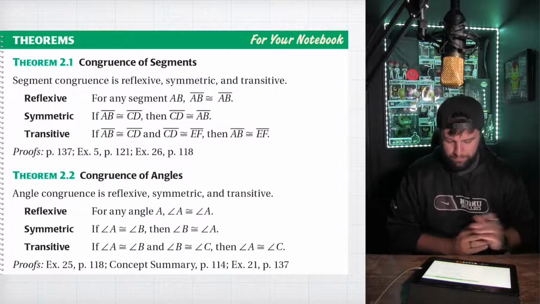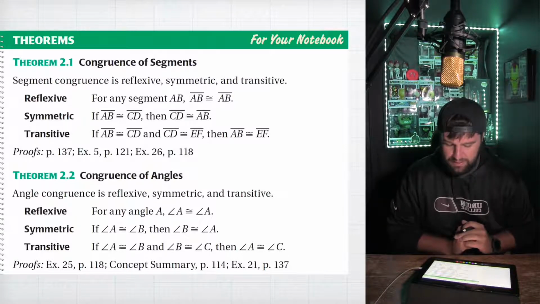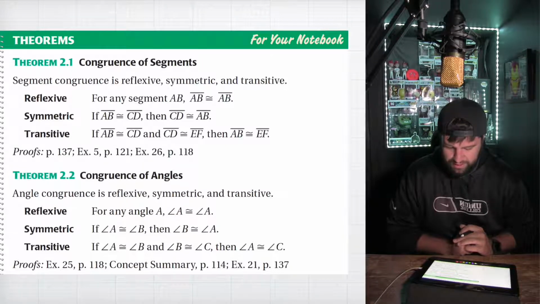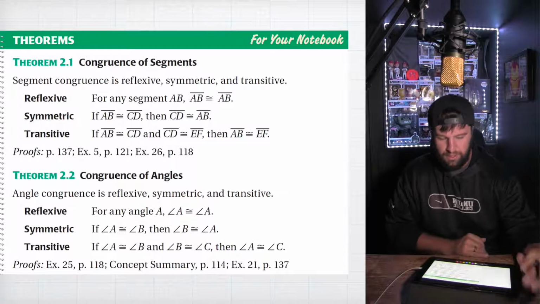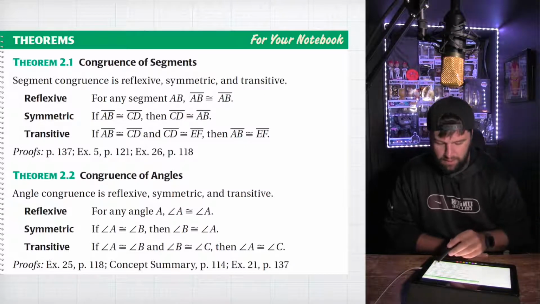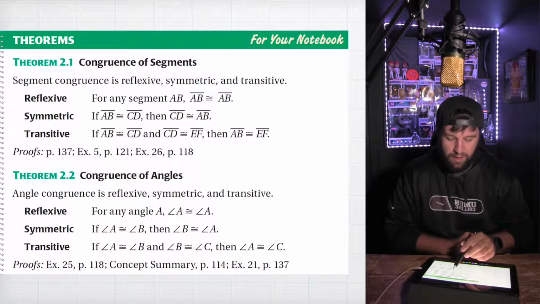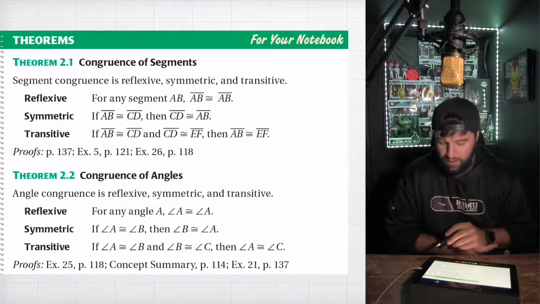So, Theorem 2.1, congruence of segments. Segment congruence is reflexive, symmetric, and transitive. Okay? So you're allowed to use the reflexive property for congruent segments. For example, segment AB is congruent to segment AB.